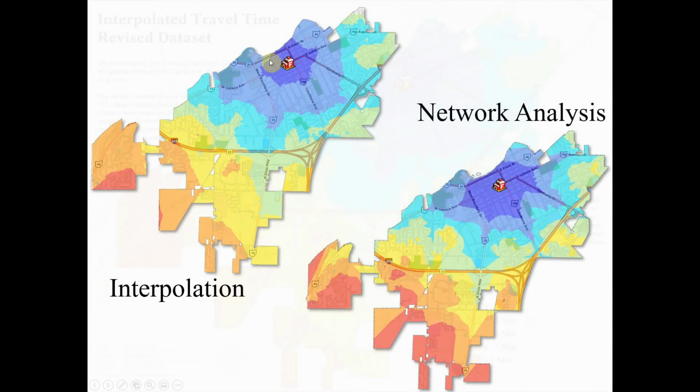And when we compare the interpolation to the network analysis, it looks like our dark blue is actually much smaller. So it takes longer to get into this area, but they can also get out to this area quicker. So it kind of stretches out this middle area.